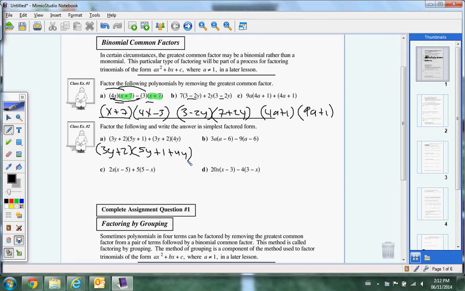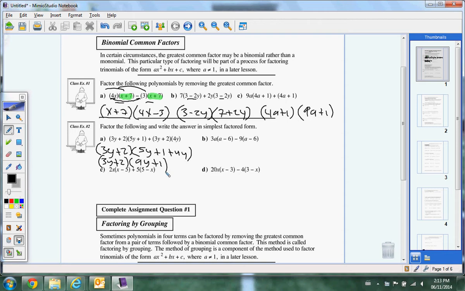It's just all together. Is that what you said, Jose? No, you don't multiply them, you add them. So 5 plus 4 would be 9y.